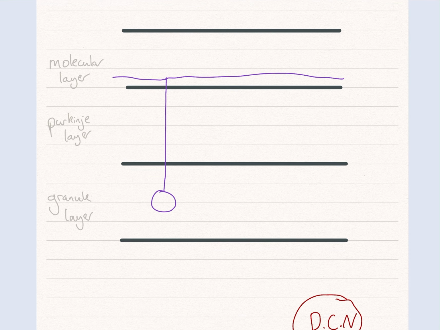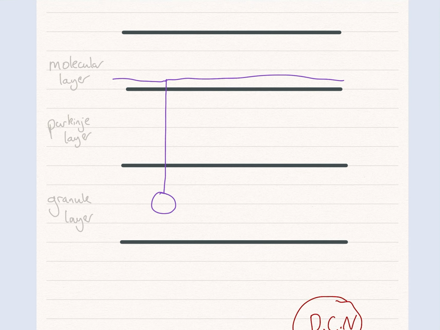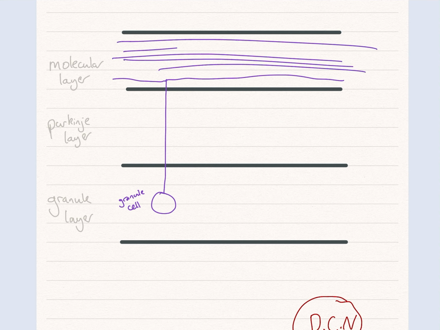Obviously, you're going to have more than one granule cell. And what happens is loads and loads of these branches occur. So you get these cells going in this kind of direction. These are called parallel fibers, because they go in a parallel shape.